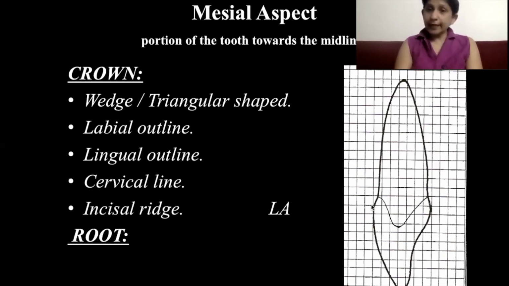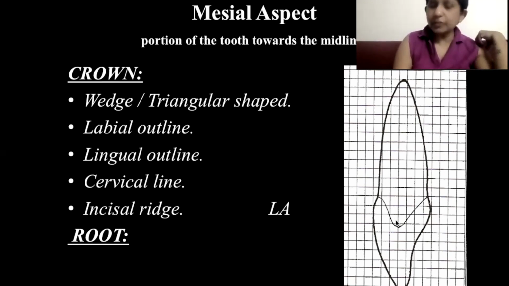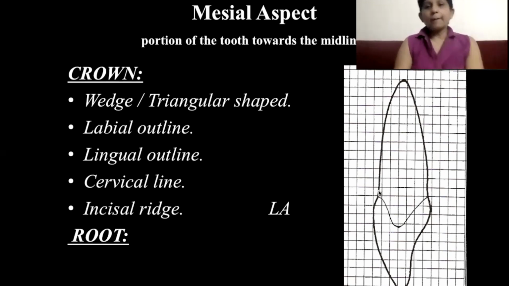The cervical line similarly separates the crown from the root. But you can see that, very characteristically, the cervical line is very different from how it was on the labial and the lingual aspect. Because the cervical line, it's not exactly a semicircle, but it takes a dip towards the crown. The convexity is towards the crown, not the root. The concavity is towards the root.